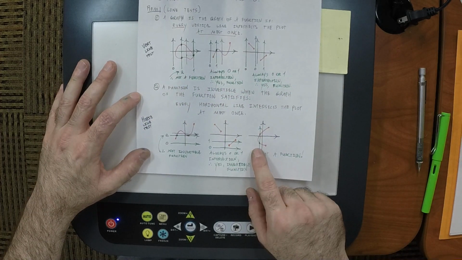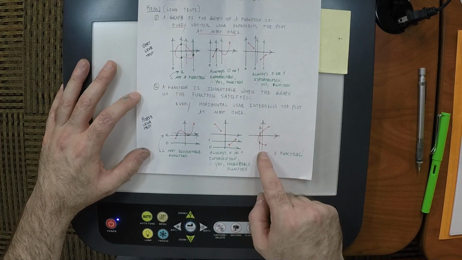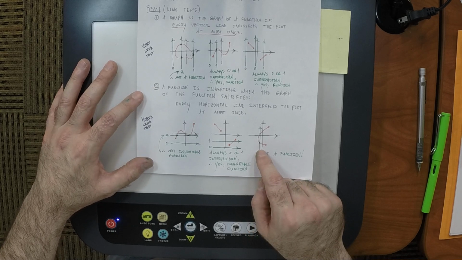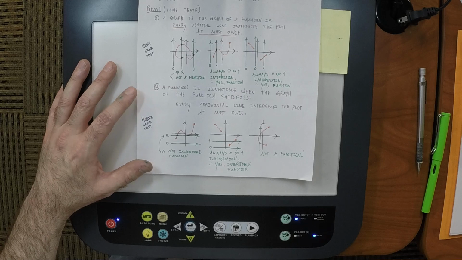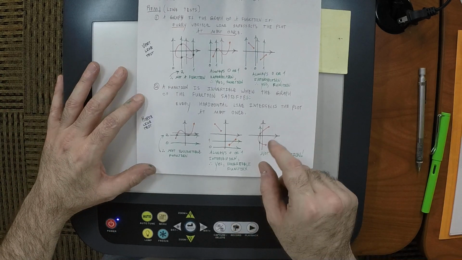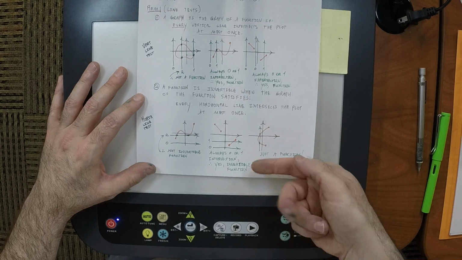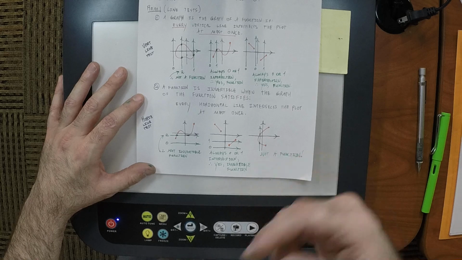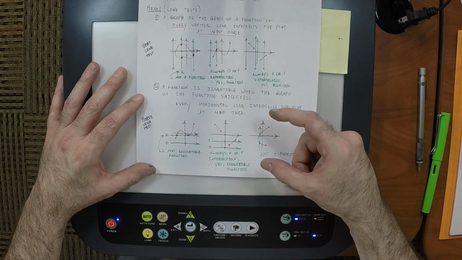Okay, so when I ask the question, does this graph pass the horizontal line test, and you say no, and I say, well, it's clear that every horizontal line intersects at most once, well, that's true, but what?